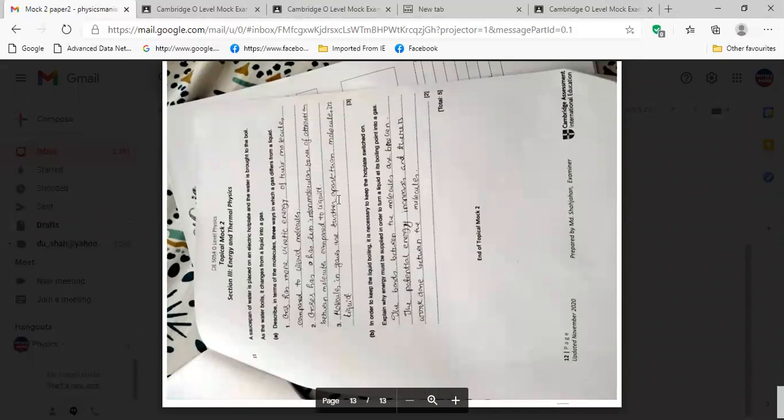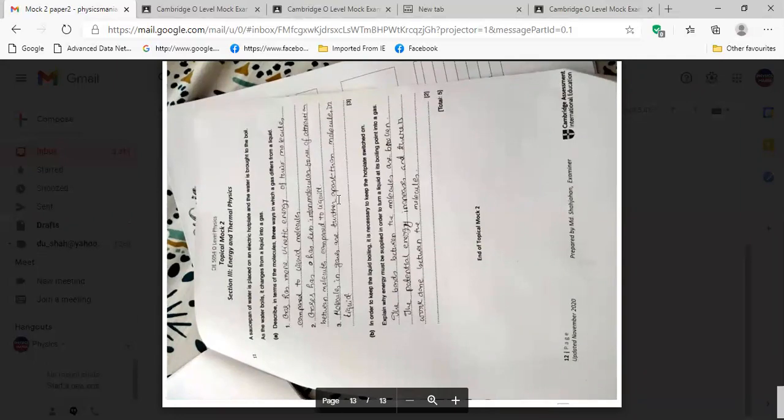Yes, next one, describe in terms of molecules ways in which a gas differs from a liquid. Gas molecules have more kinetic energy compared to liquid. Gases have less intermolecular force. Molecules in gases are farther apart.